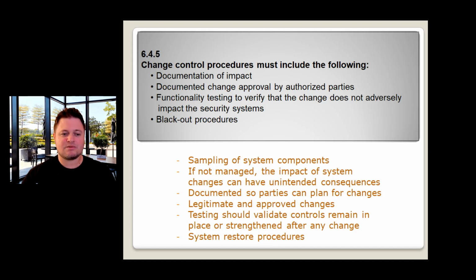Sampling of system components. If the system's not managed, the impact of the system can have unintended consequences. Documented so parties can plan for changes. Legitimate and approved changes. Testing should be validated and system restore procedures.